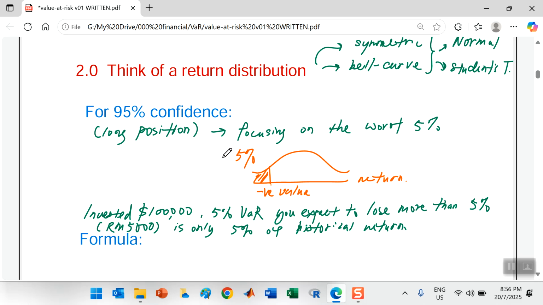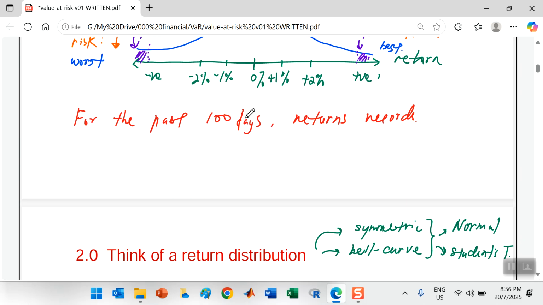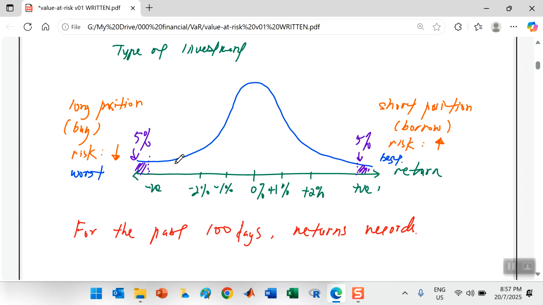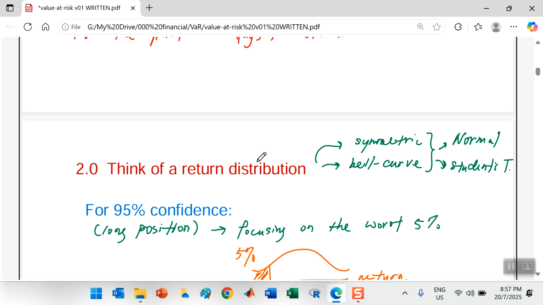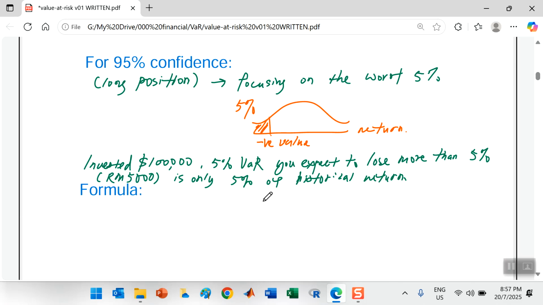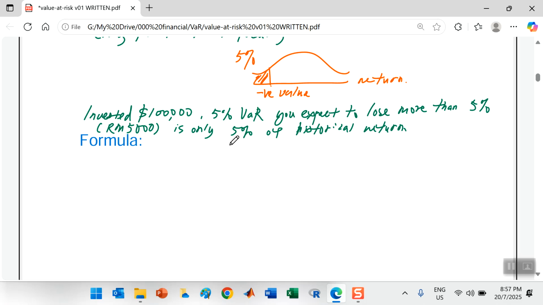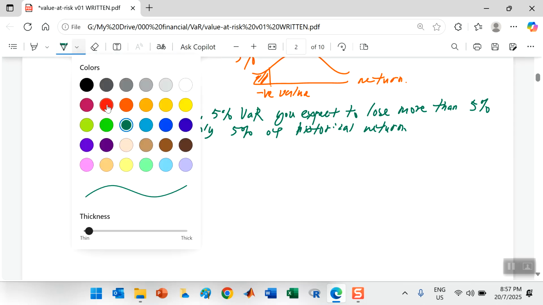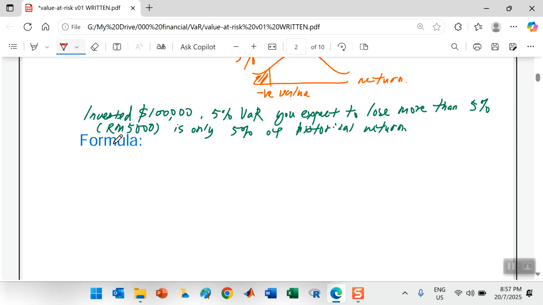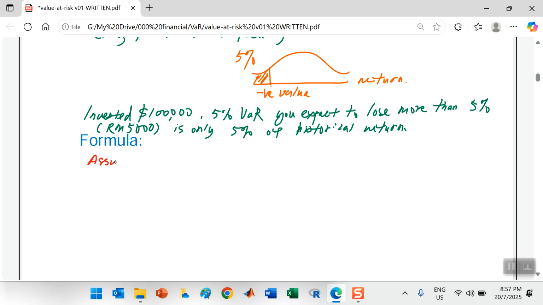Okay, so if you think of now a series of returns, then you can view it in this particular way. First of all, the formula you can use is under the assumption that your returns are normally distributed.